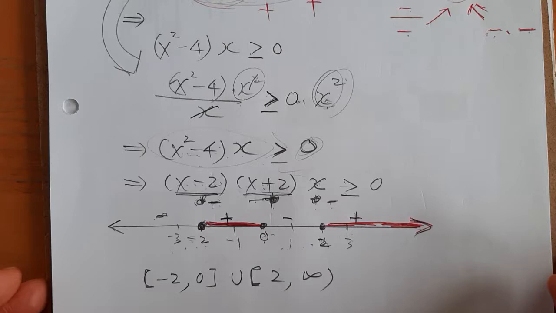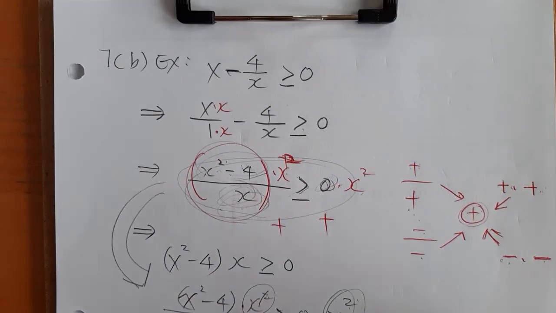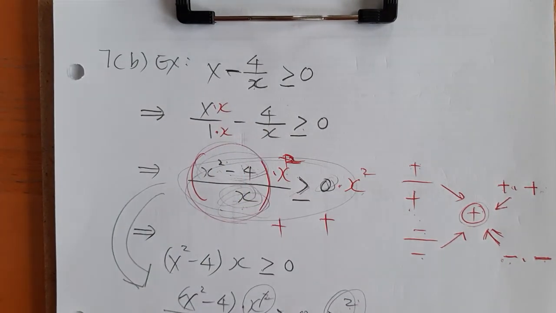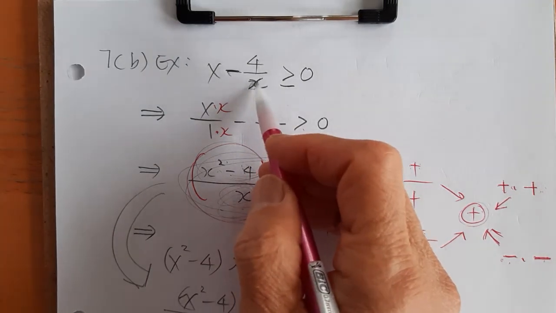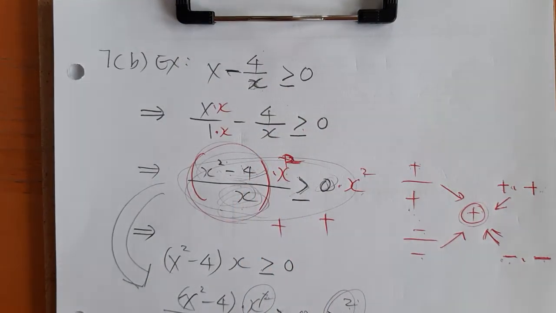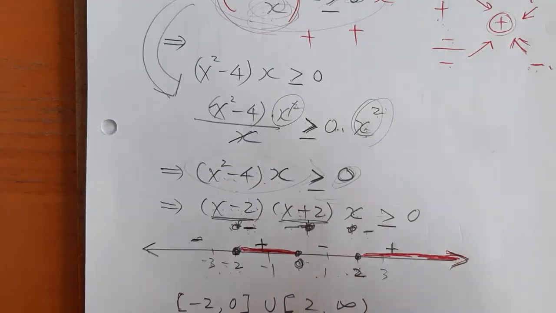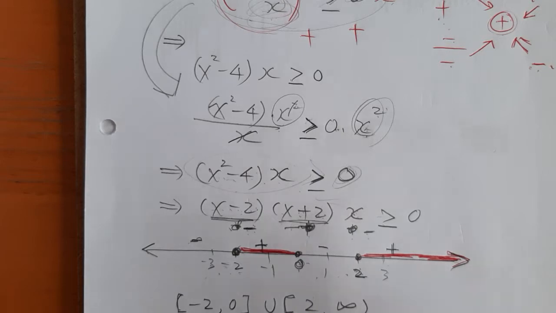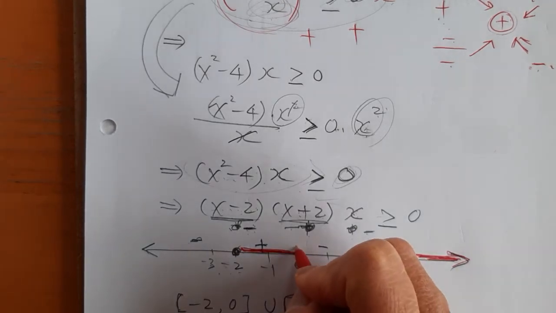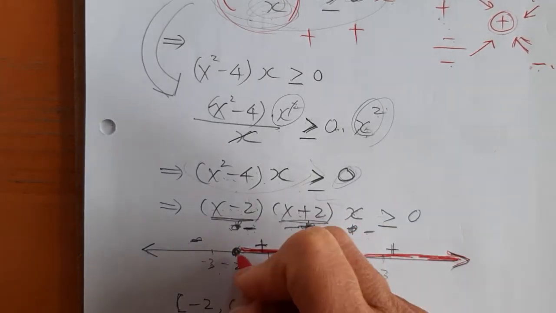But you have to be very careful because the denominator is x, so the denominator cannot be 0. Here there is a 0. If you plug 0 into the denominator, 4 divided by 0 is undefined. So x equals 0 is not a solution.